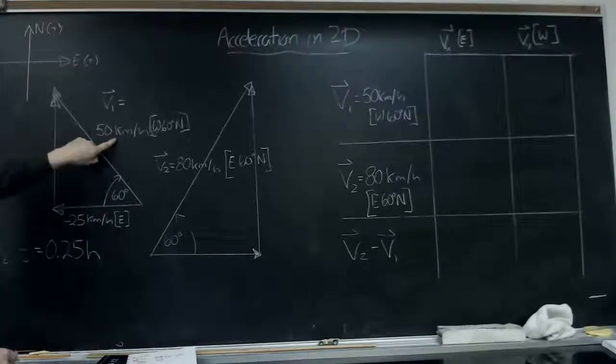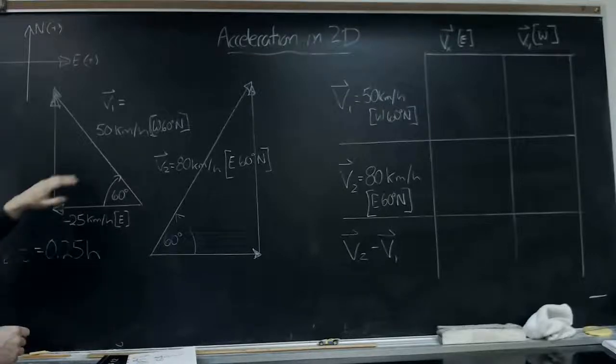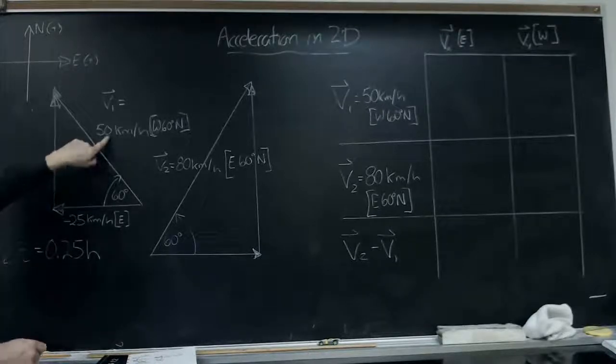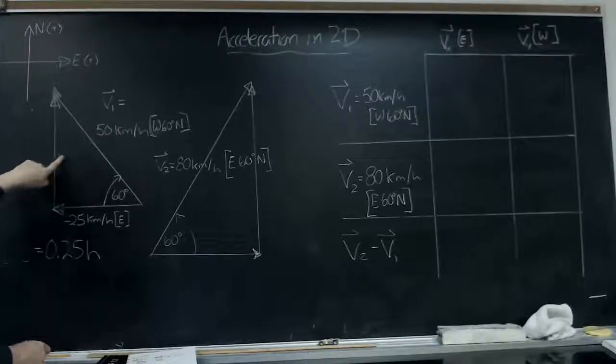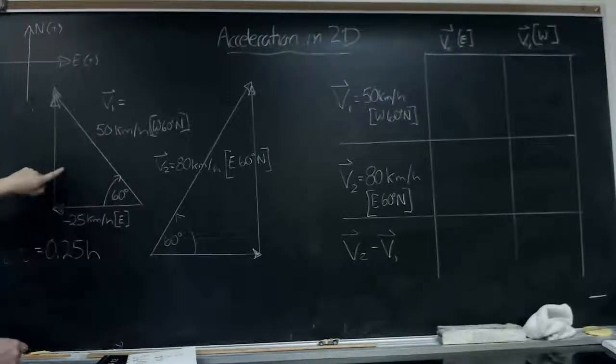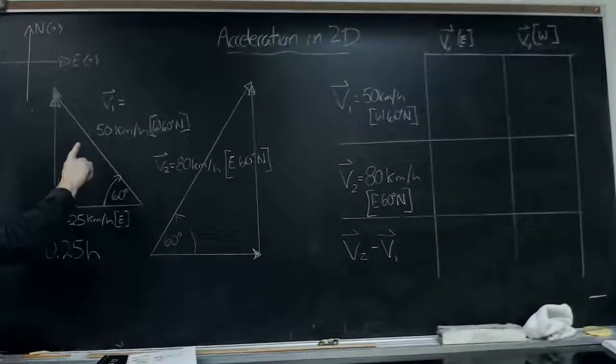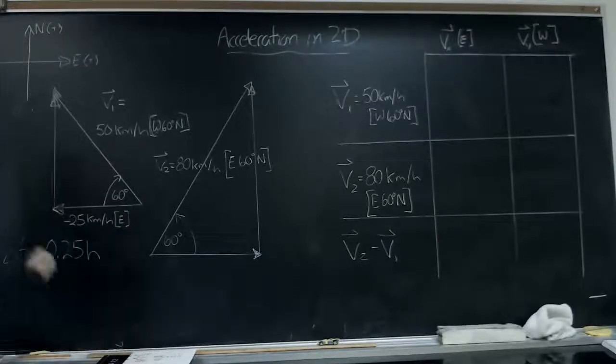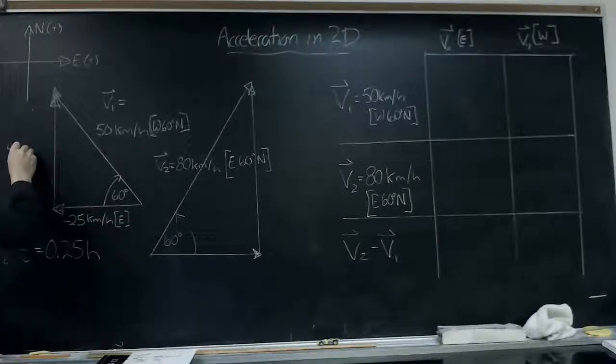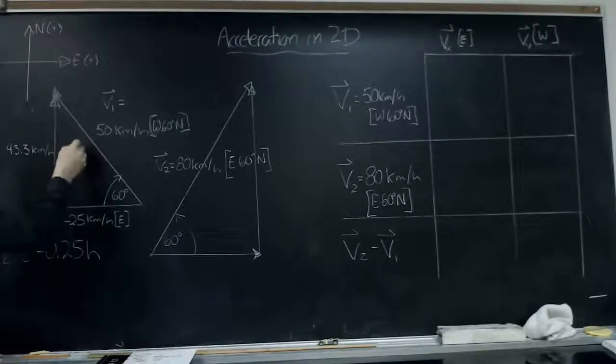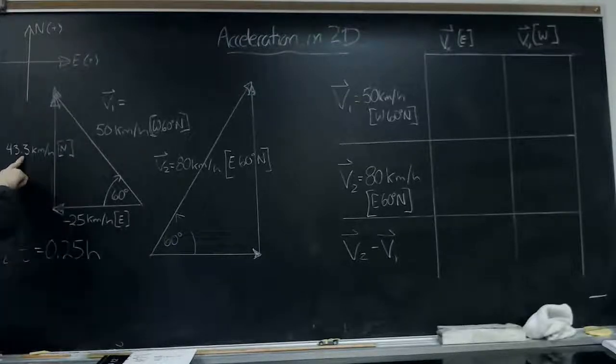I'm now going to get the northerly component of this vector, and I'm just using SOHCAHTOA each time. And so 50 kilometers per hour times the sine of 60 degrees winds up being 43.3 kilometers per hour, and this one is to the north, and it's positive.